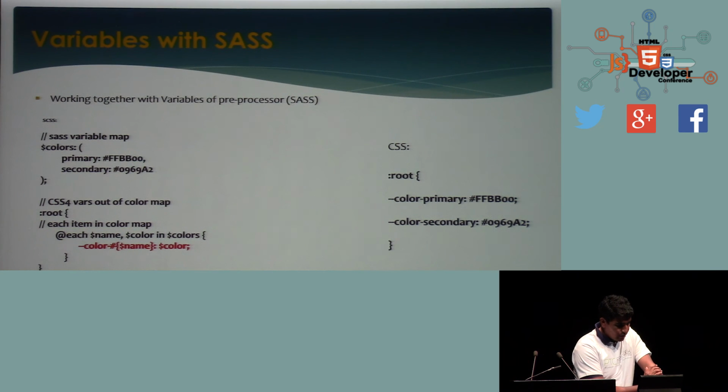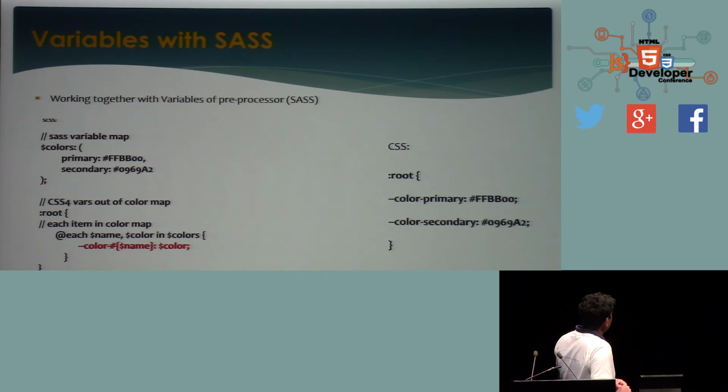On the left-hand side, in the Sass variables, what we could have done is have whatever color variables you have on the top. Then you loop through them using the :root pseudo class, as I said in the last slide, and give the --color with the name of the same colors.